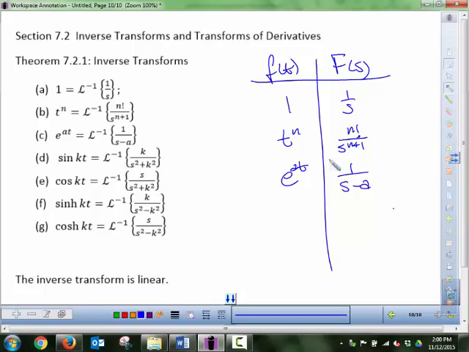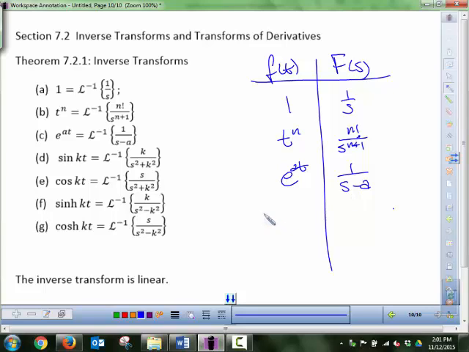So the key, when you're transforming back, is to try to make it look like one of these functions. Now the tricky part is that your functions may not look like that. Your functions may look like really weird and complicated things, but somehow, some way, through things like completing the square and partial fractions, you can make this look like one of these transformed functions in the S world that you can easily take back to the T world.